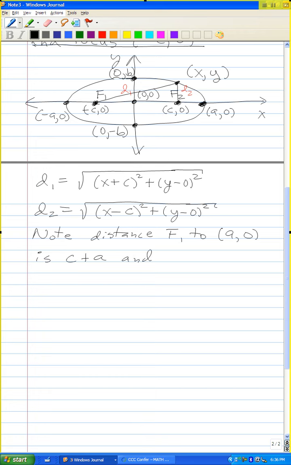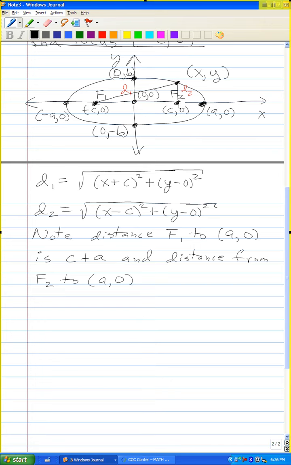And the distance from F2 to (0, 1) to A0.